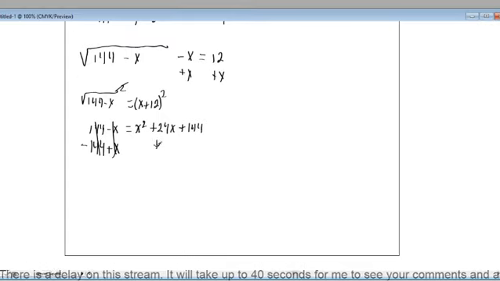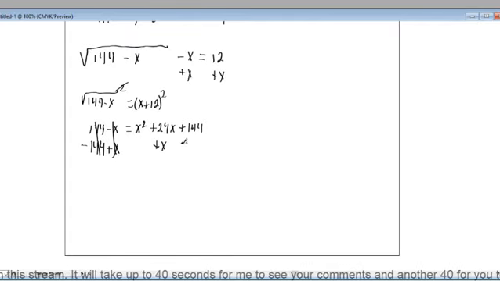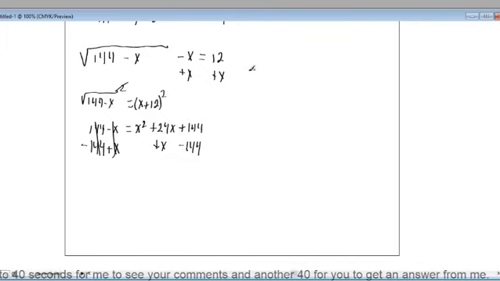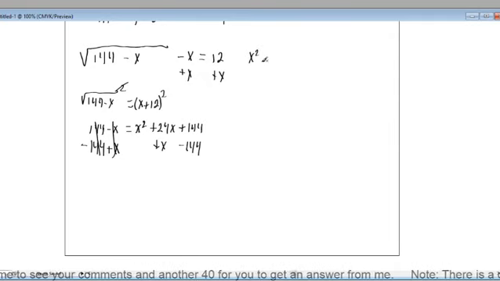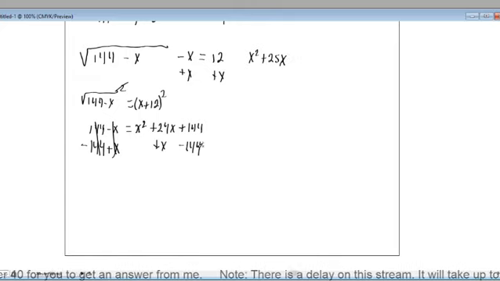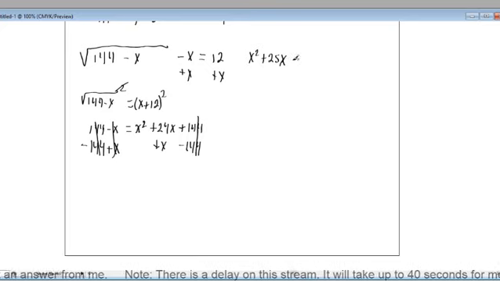Again, I'm going to do plus x and minus 144. And so that's going to give me, I'm going to rewrite it up here, x squared plus 25x, well, that also cancels, so plus 0, which I'm not going to write, equals 0.